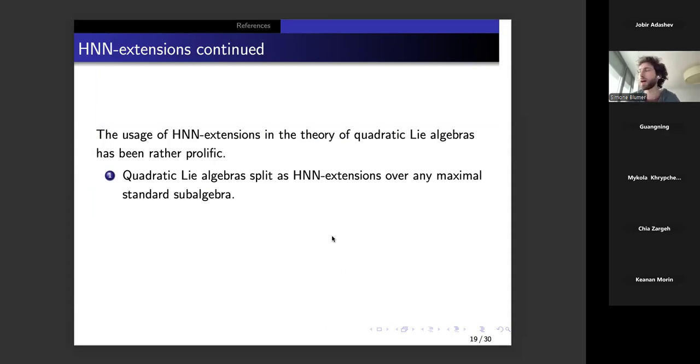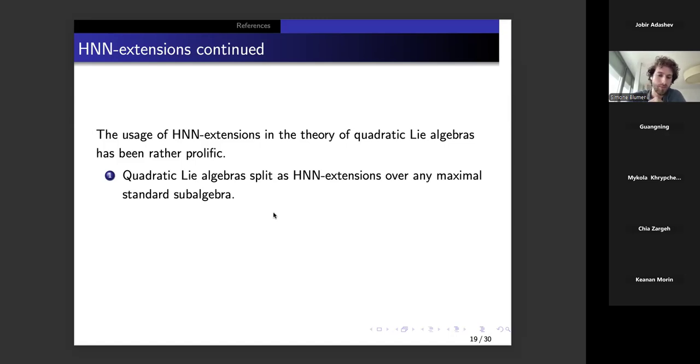So far we have only introduced these HNN-extensions, and we have provided an example of their usage. Now we want to show two applications of HNN-extensions, which are somehow opposite to each other. The first one says that any quadratic Lie algebra splits as an HNN-extension over any maximal standard subalgebra.